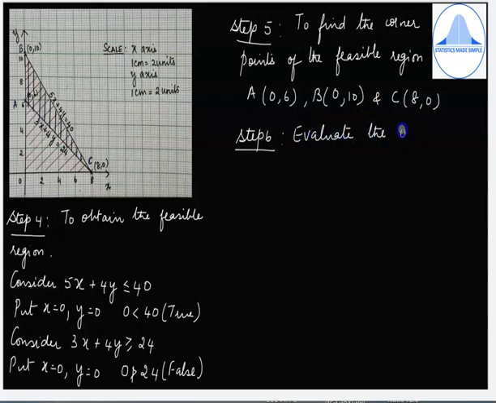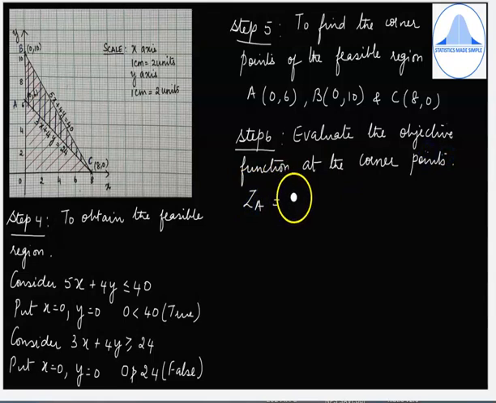The next step, step 6, is to evaluate the objective function at the corner points. So let's find out ZA. ZA is 50 into 0 plus 60 into 6, which is equal to 360.